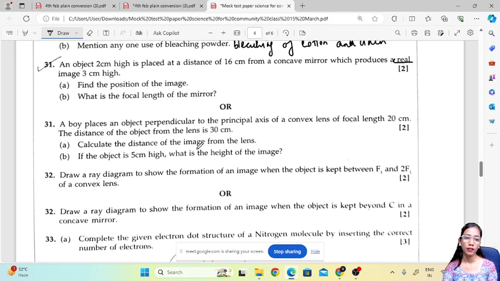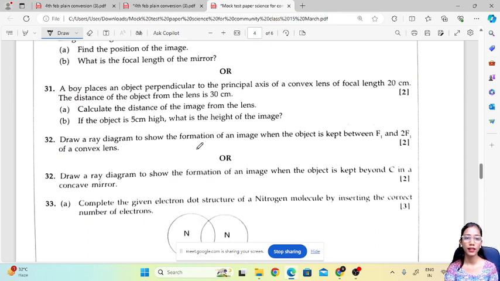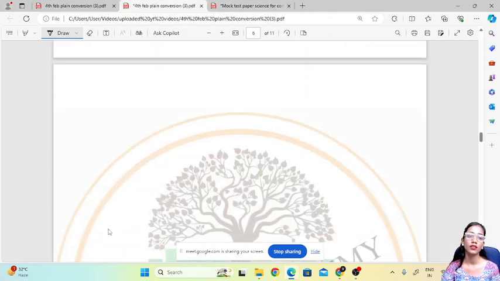Okay, now the next one is the lenses. A boy places an object perpendicular to the principal axis of a convex lens of 20 centimeter. The distance of the object is 30 centimeter. Calculate the distance of the image. So first of all we'll write what is given.